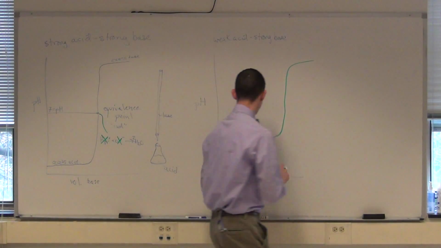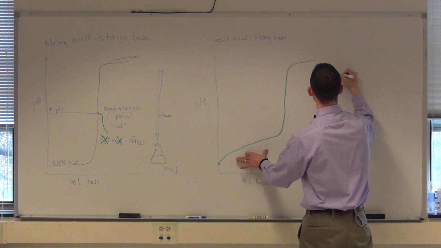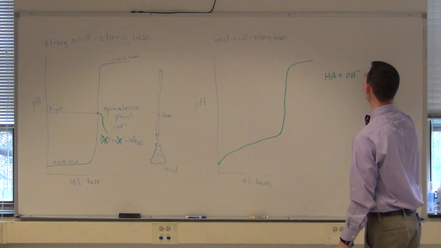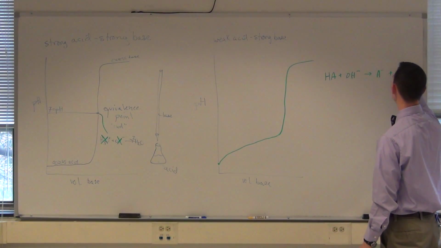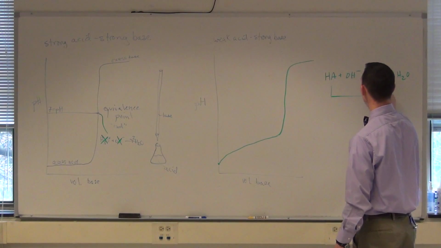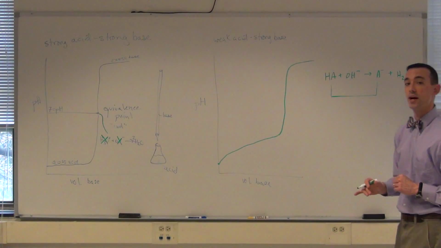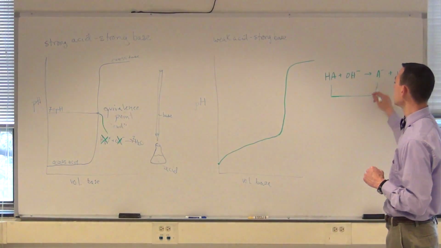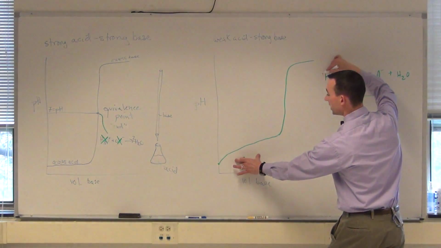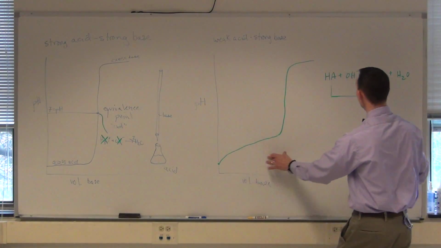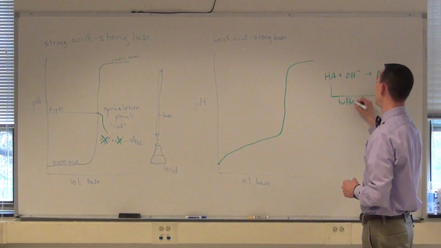Now, this is owed to the fact that our weak acid, HA, when it reacts with our strong base, produces some conjugate base, A-, and some water. Perhaps you haven't covered it in lecture yet, but we will be covering it shortly. When you have some of each of these present, so we haven't maybe used up all of the HA yet in this portion of our work, and we have some A- forming, we have what's called a buffer solution.